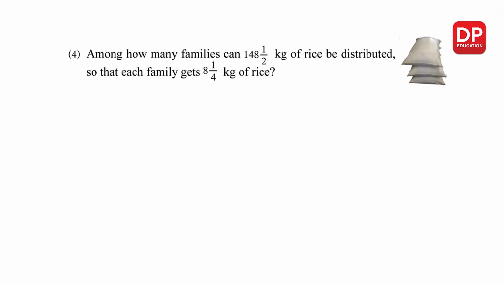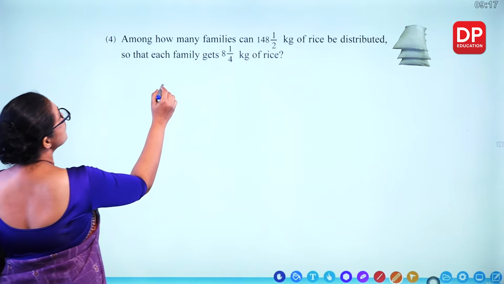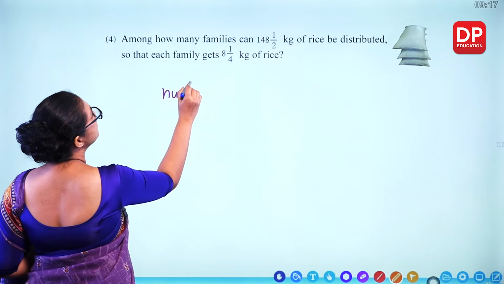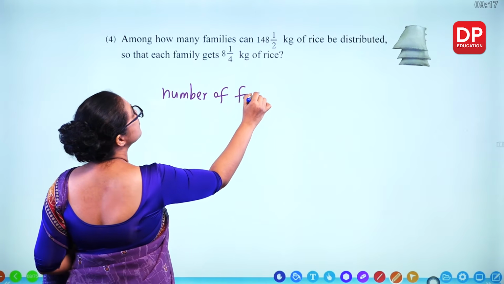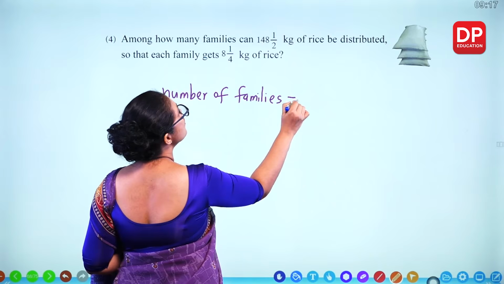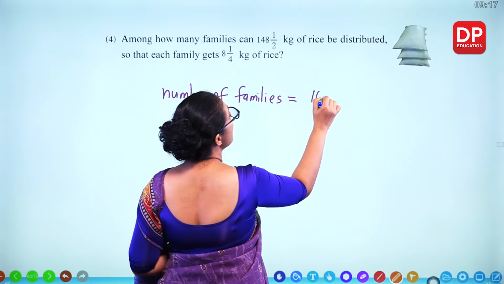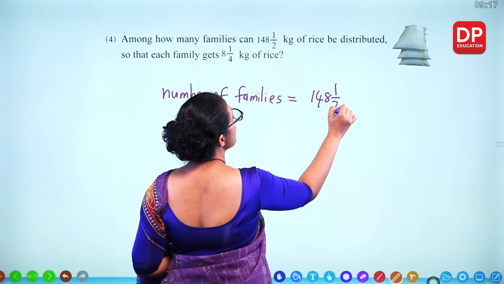Another question. Among how many families can 148.5 kilos of rice be distributed so that each family gets 8¼ kilograms of rice? So the number of families is equal to, totally, 148.5 kilos are there.